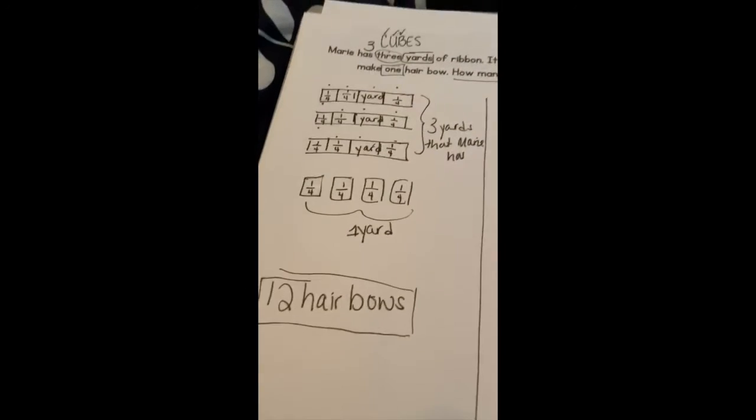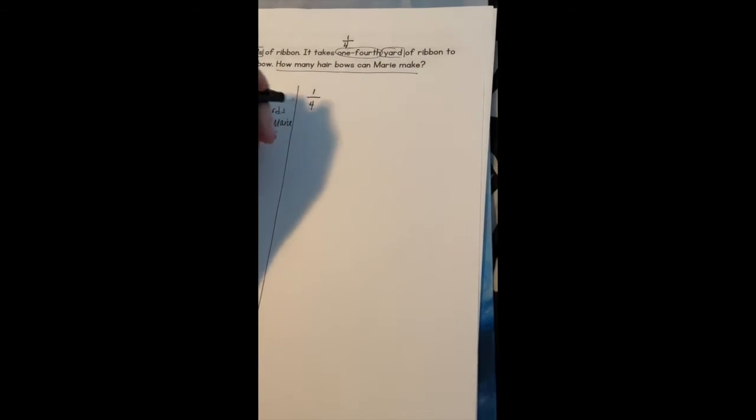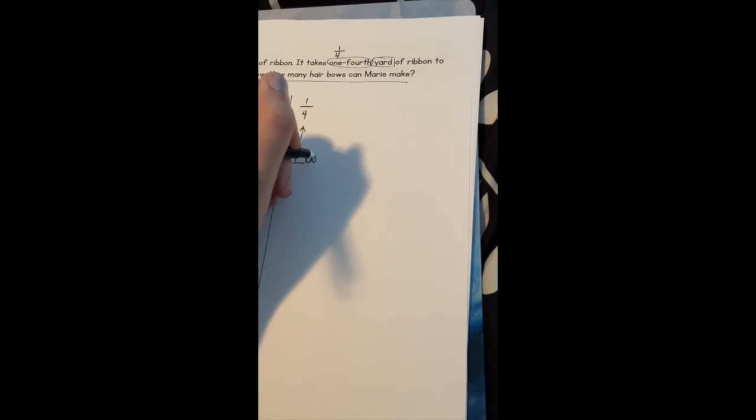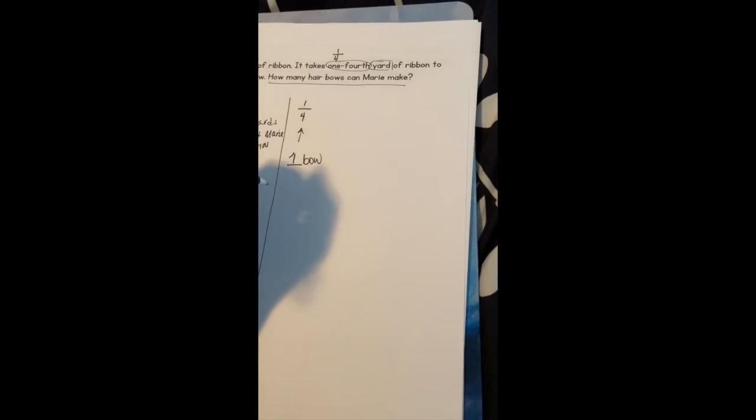Now I'm going to show you one other way you could do it. So one other quick way that you could do this problem is by just thinking about the numbers that you have and what you can do with them. So I know that I have 1/4, and that's going to make me have 1 bow. If I have 1/4 of a yard, I can make 1 bow out of that.